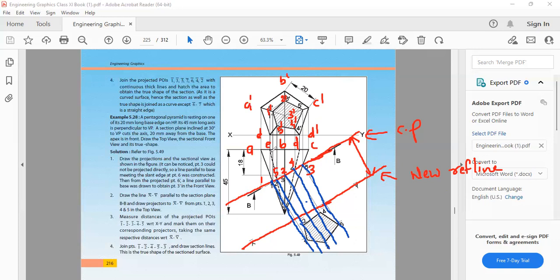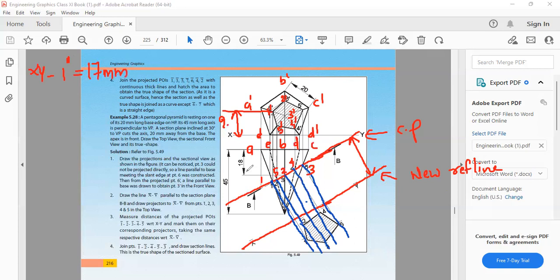First take this distance from XY line to 1 dash. What is this distance? It is 17 mm.